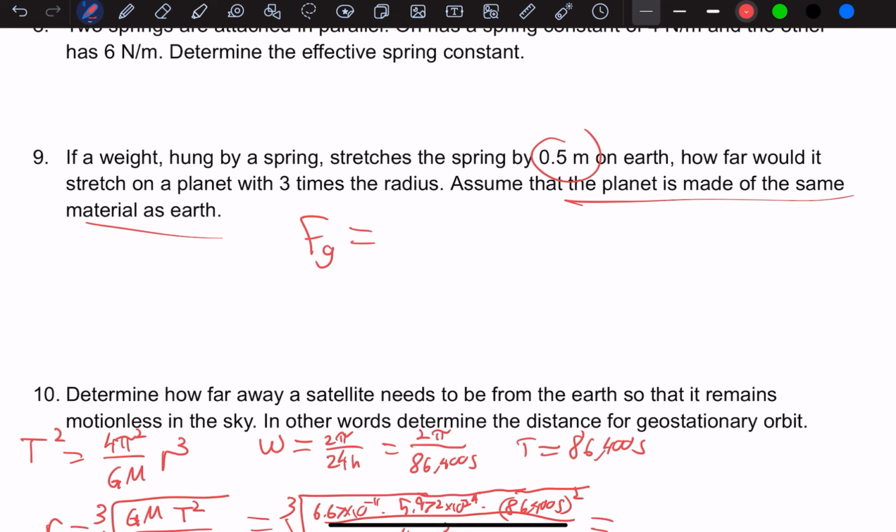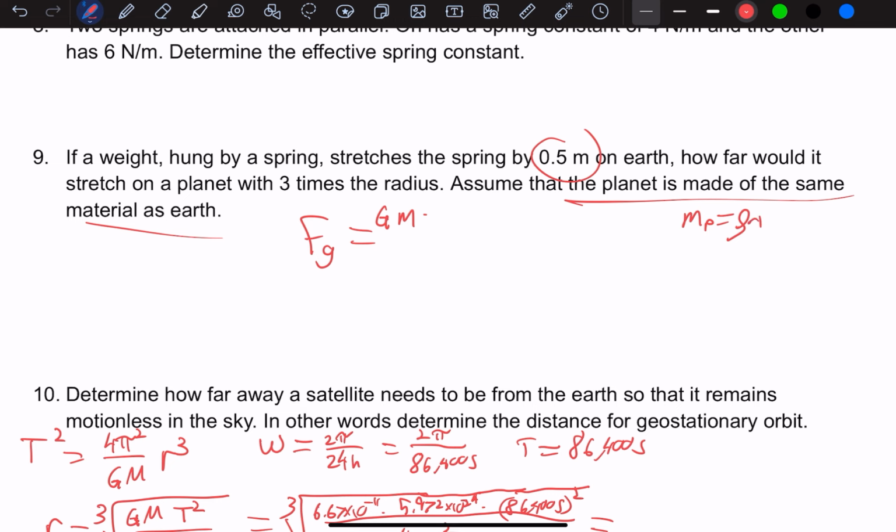And so this force of gravity is going to equal just our big G times our mass that we're hanging times the mass of the planet. But the mass of the planet is going to equal some density, we'll just do a rho symbol, times the volume.